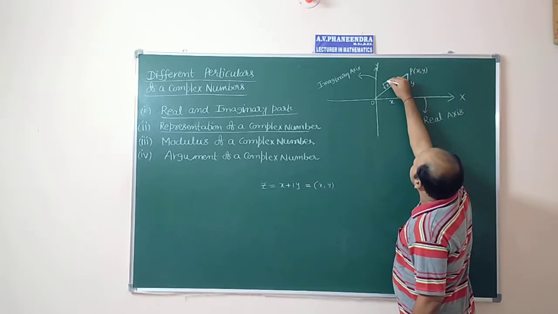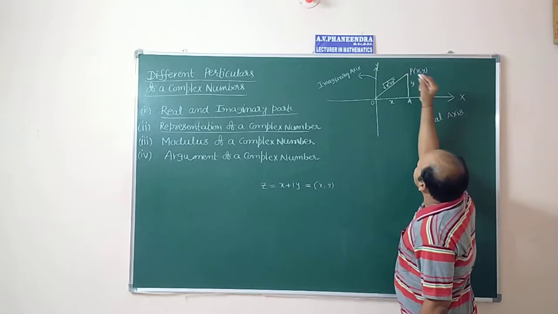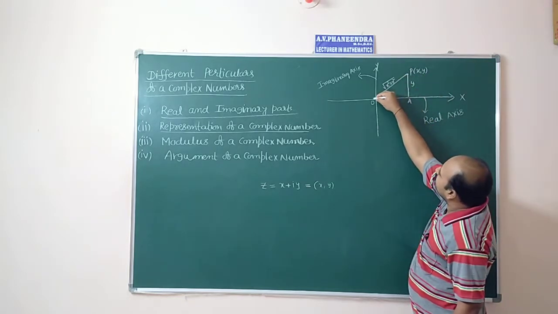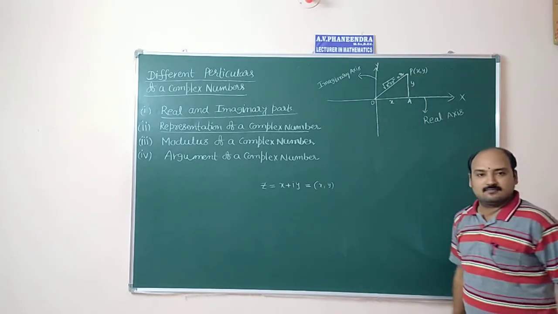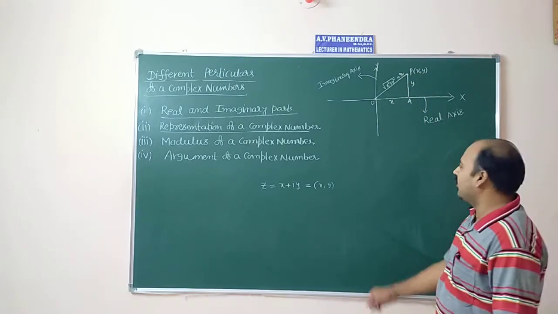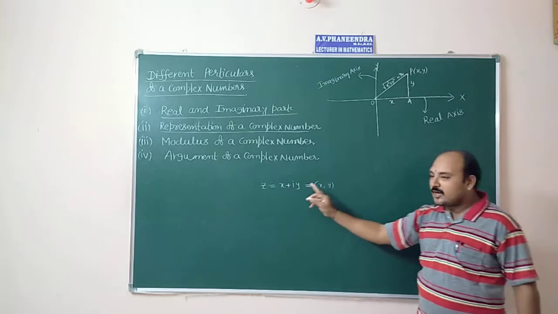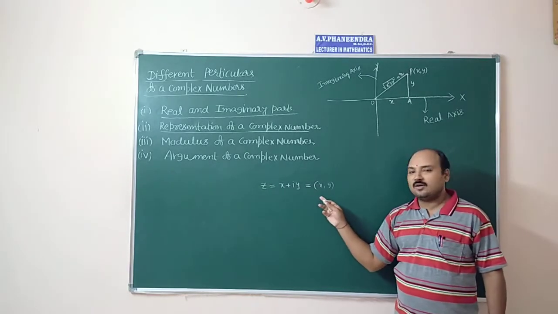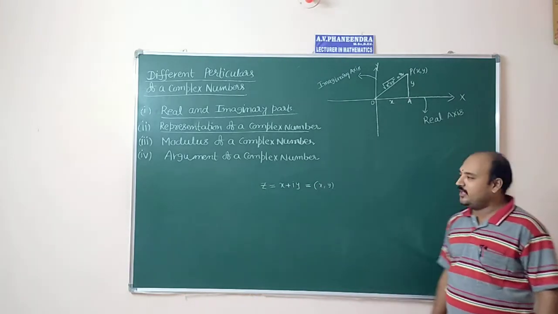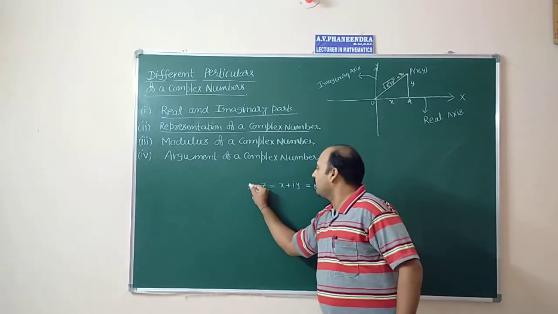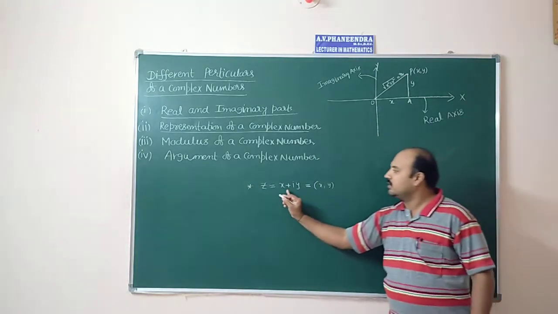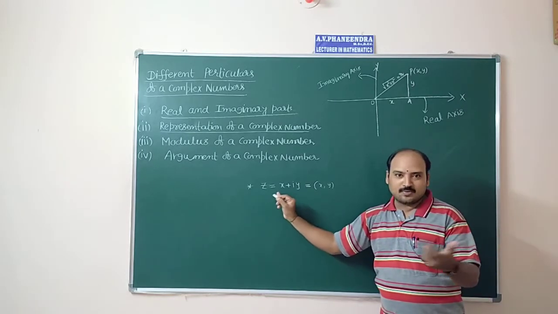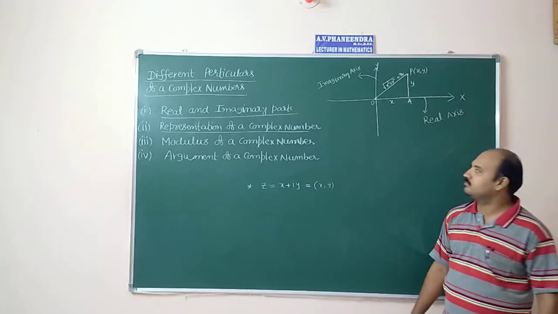Here, root of x square plus y square is the distance from point O to P, equal to r. We can write it generally as x comma y. This complex number is represented in the ordered pair form x comma y. You remember, this is a very important thing. Most of the times, in most of the problems, if it is given as 2 plus 3i, you can write it as 2 comma 3.